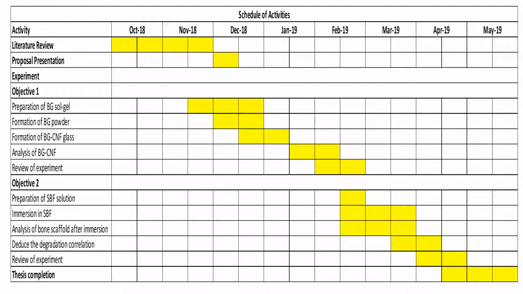The expected outcome of objective 1 is expected to be achieved by the end of February, and after that objective 2 would be carried out. The experiment of objective 2 would be carried out, and the results are expected to be obtained by the end of April.